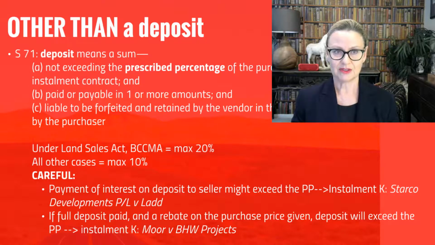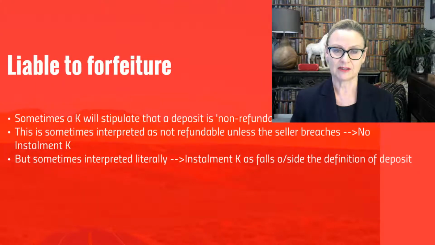So there's a few things just to be mindful of there, as I said, when you're structuring agreements after these negotiations that have gone on between the parties. It all comes down to how it's packaged and whether it might fall foul of this instalment contract arrangement.